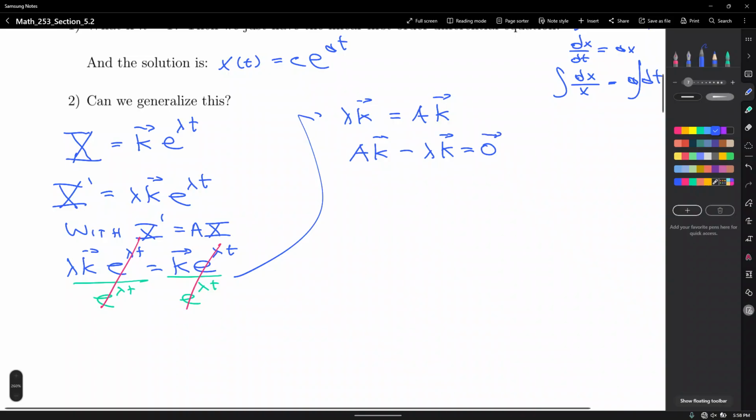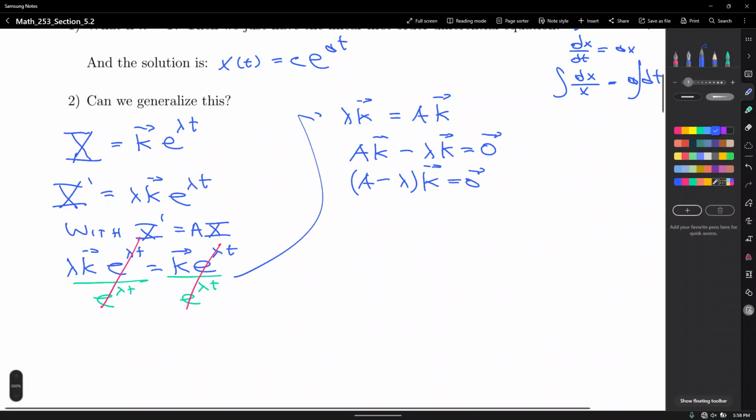Careful again. I can't just add. Let me actually factor out k. So A minus lambda times the vector k equals a 0 vector.